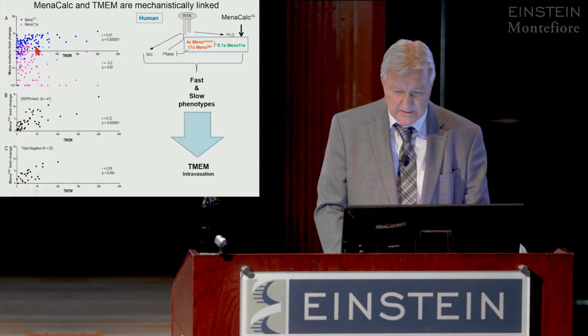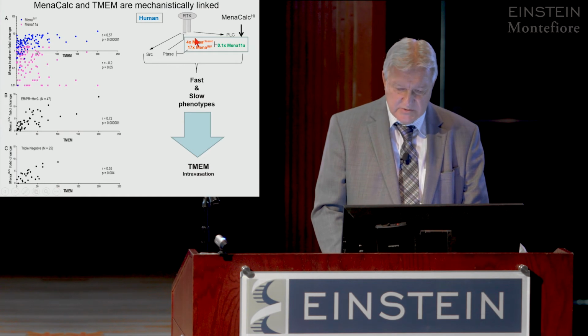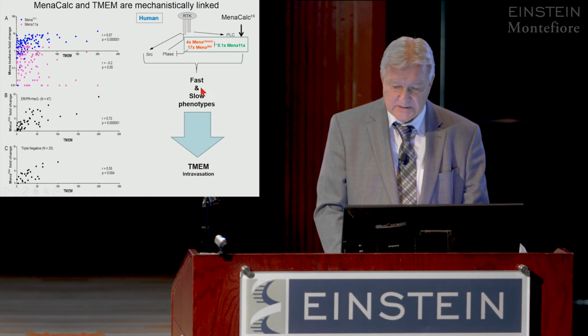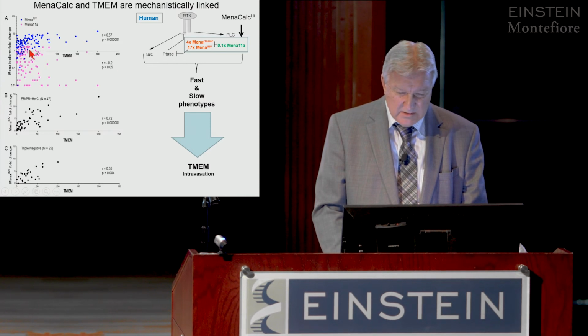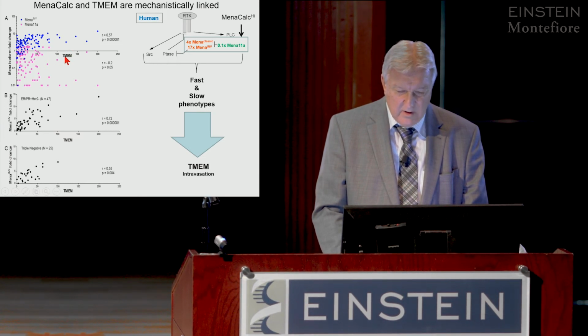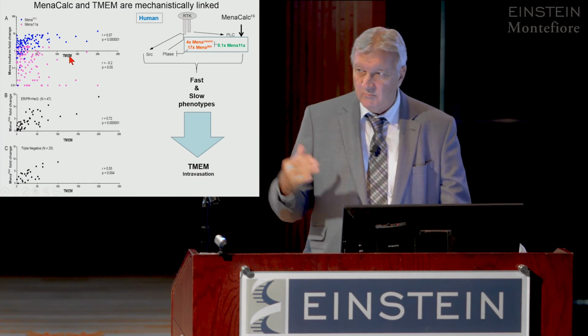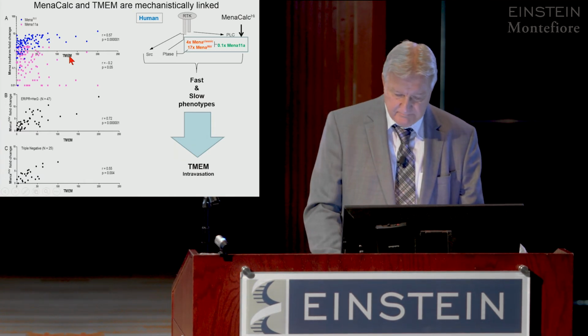And what you find is that as the MENA invasive level goes up in the patient and the MENA 11A level falls, the switch is thrown toward TMEM assembly through the activation of the fast and slow phenotypes. So for each patient, if they have an elevated MENA invasive, a decreased MENA 11A, they have a high, an ever increasing TMEM count. They're in more and more trouble clinically.